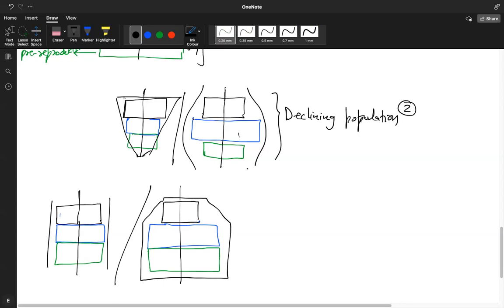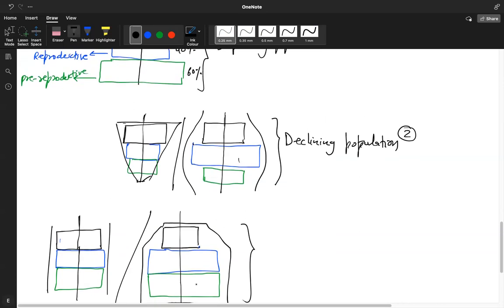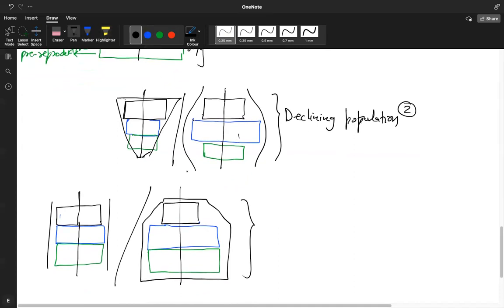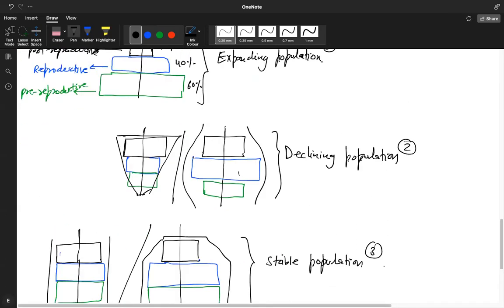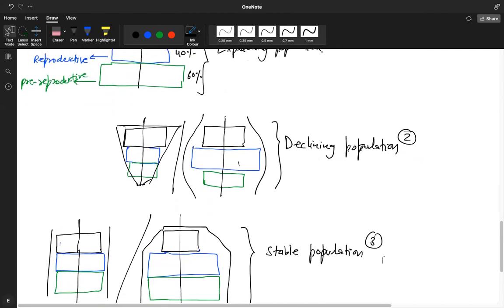So this will also be a stable population, because you have to look at the ones which are in the reproductive and the ones which are in the pre-reproductive stage. Does that make sense? Yes, sir. Stable population. So you can just draw these things.